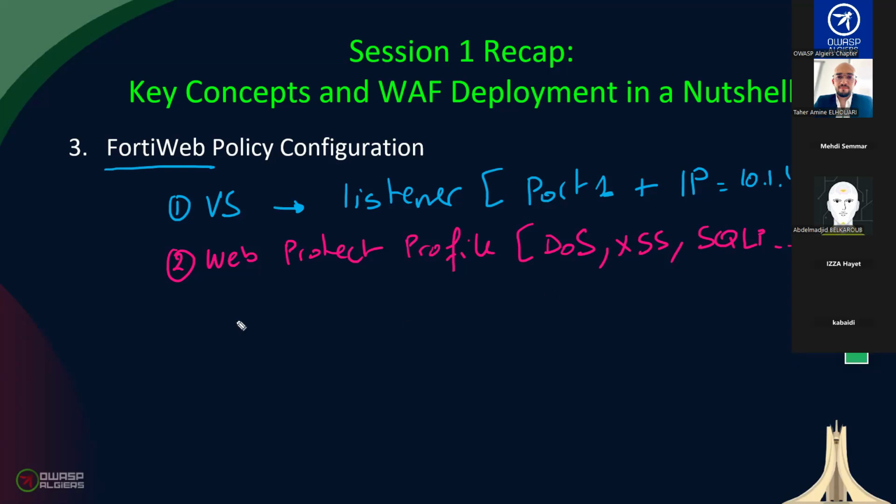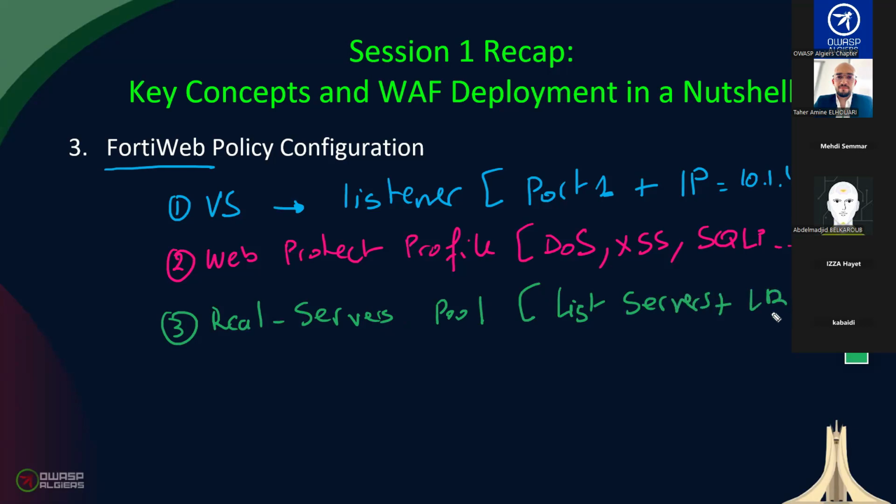The third component, number 3, was the real servers pool. The real servers pool is a configuration object that contains the list of all the servers you have, plus the load balancing algorithm you want to use if you have multiple servers.